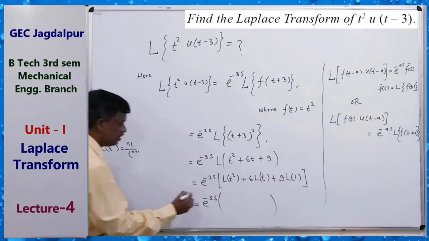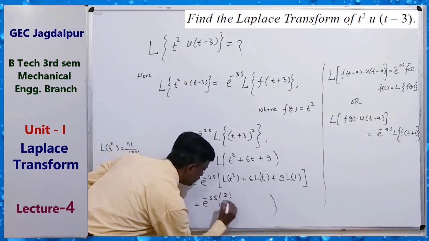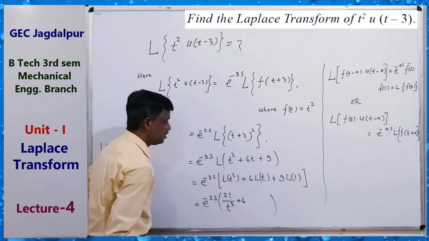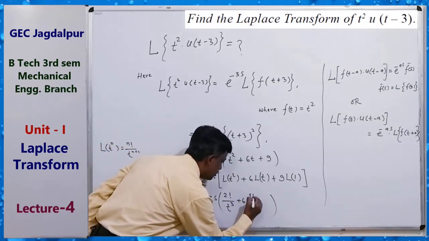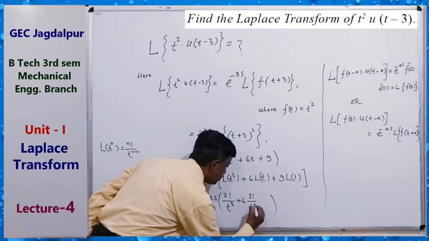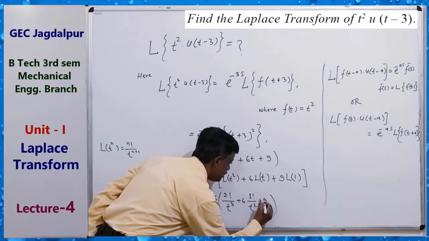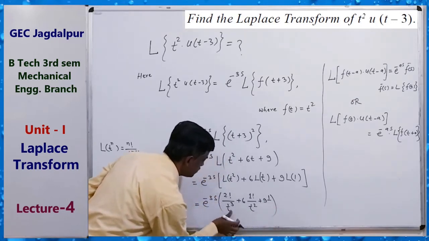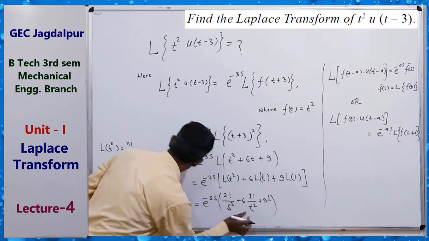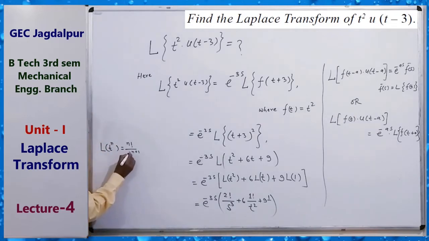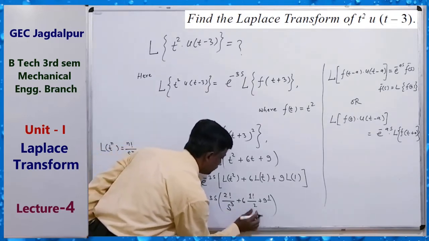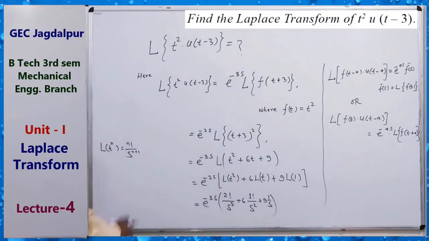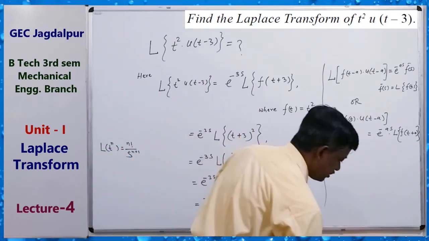So 2 factorial upon s power 3, plus 6 times 1 factorial upon s power 2, plus 9 times 1 by s. It is s cube, not t, s cube, s square, s. So this is our solution.